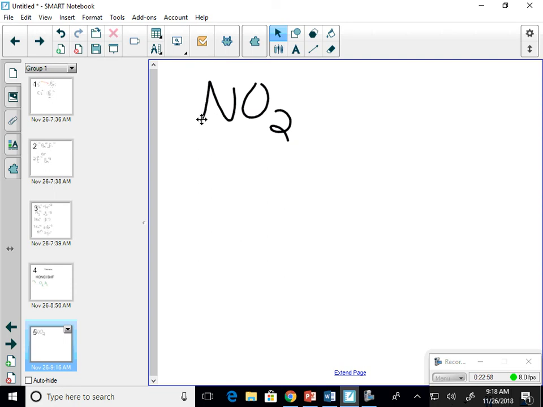Ladies and gentlemen, quite frankly, covalent naming is the easiest naming that we go over all year. The problem with it is you can only use it when you are naming nonmetal bonding, covalent bonding. So when I look at NO2, if I were to name this, well, the name of N is just nitrogen.